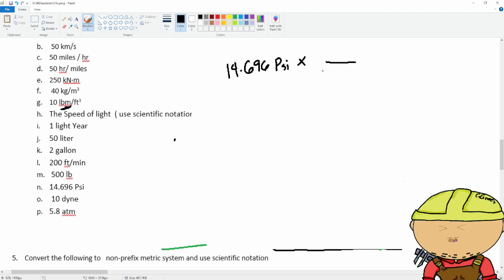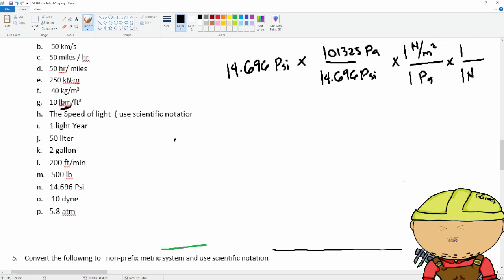So psi is pound force per square inch. And 14.696 psi is equal to 101,325 Pascal. Okay? 1 Pascal is equal to 1 Newton per meter squared. And 1 Newton is equal to 1 kilogram meter per second squared.